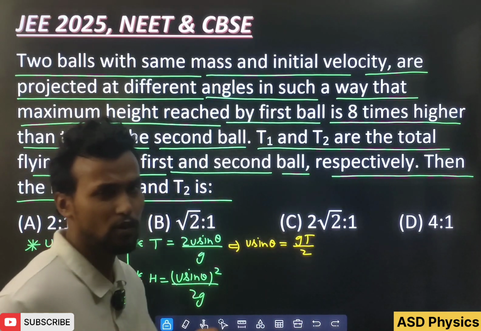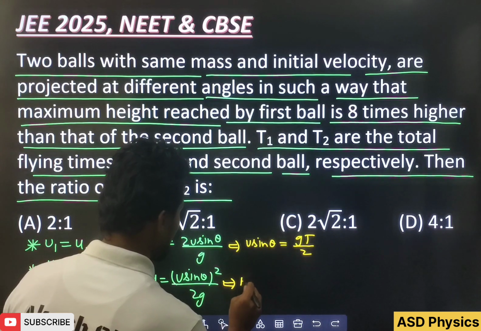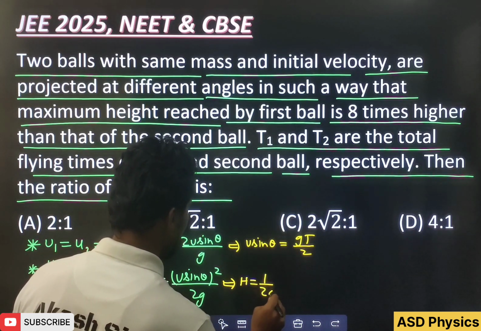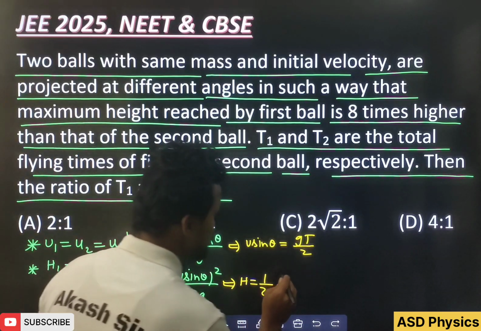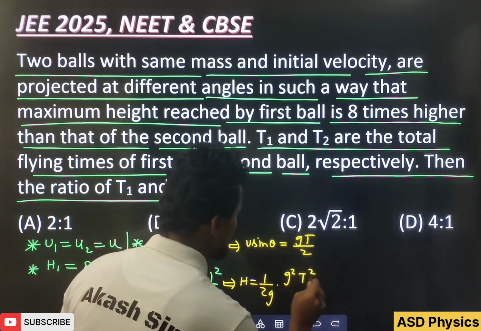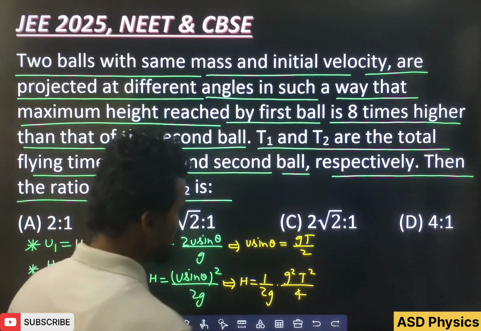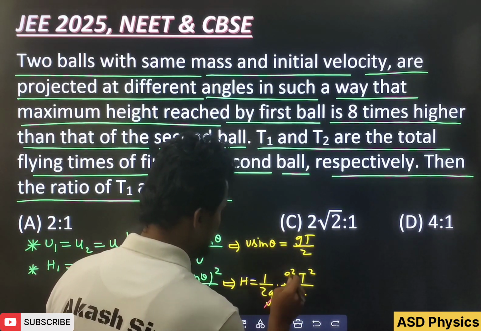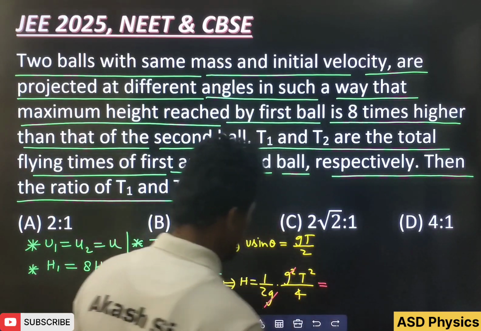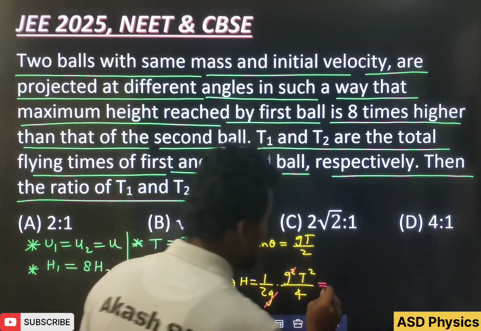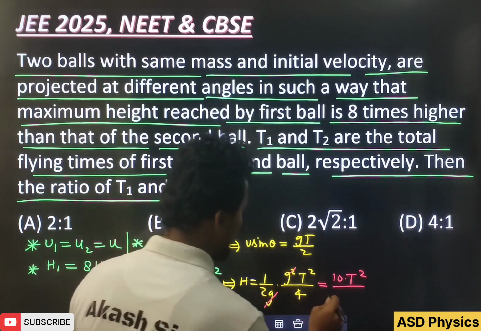I am going to make one formula, then the question will be solved. So h will become 1 by 2g times u sin theta squared, with u sin theta equal to gT by 2, so it becomes g square T square by 4. Now we'll cancel: g cancels once, and g value is 10, so 10 T square by 4 into 2, that is 8.